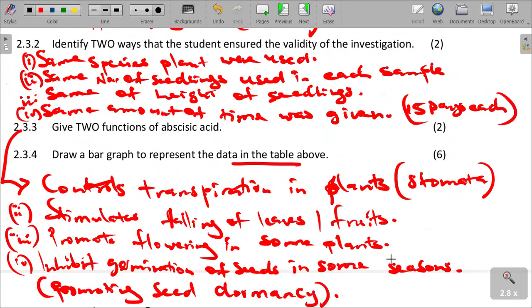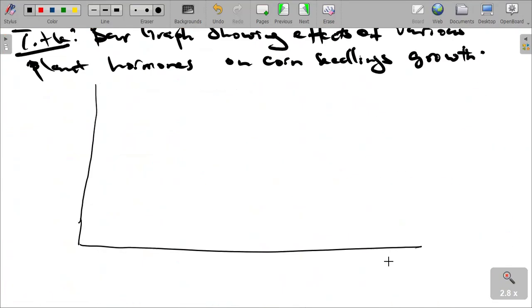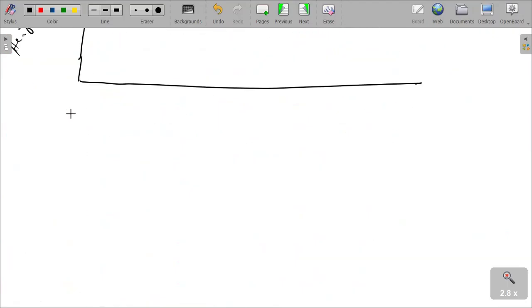On the vertical axis we have the height of seedlings, and on the horizontal axis we have plant hormones mixed with water.